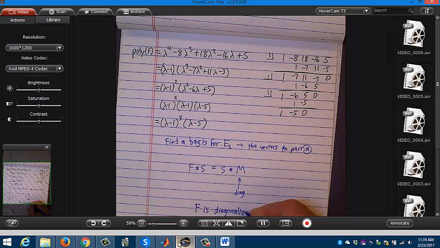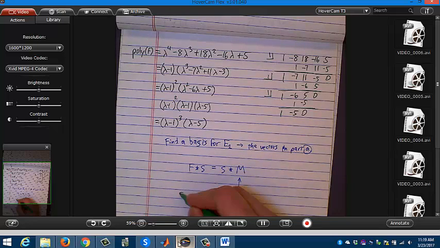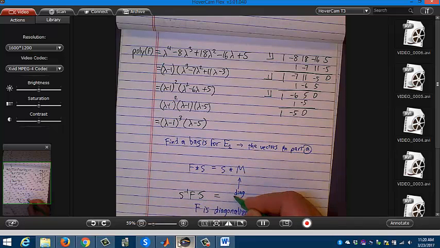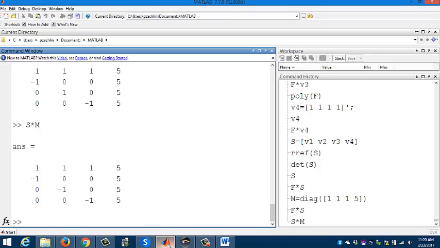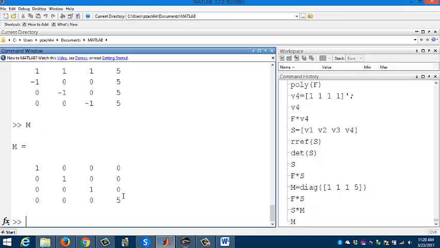Because what could you do with F? You could write S inverse times F times S equals that M, because you just multiply, right? And that was the definition of diagonalizable. And the diagonal matrix you have is actually the matrix of eigenvalues, right? Again, M is the matrix of eigenvalues.